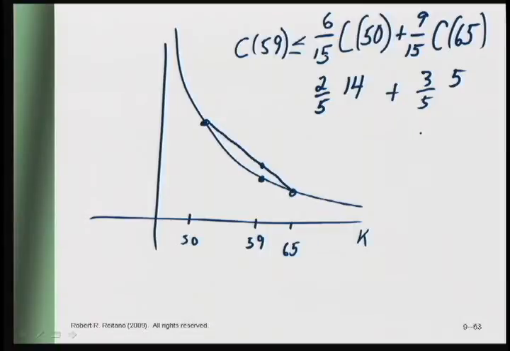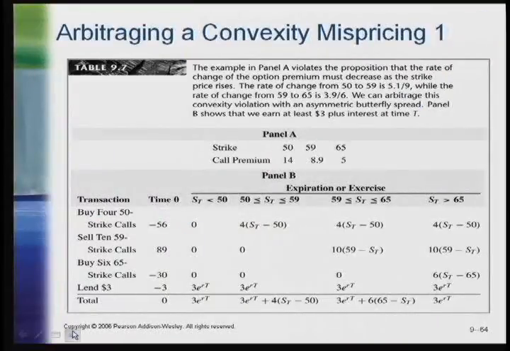So it has to be less than 3 plus... 28/5, which is 5 and 3/5, so it would be $8.60. So it should be no greater than $8.60, and we see that in fact it's $8.90. So it violates our convexity assumption, and it's too high.